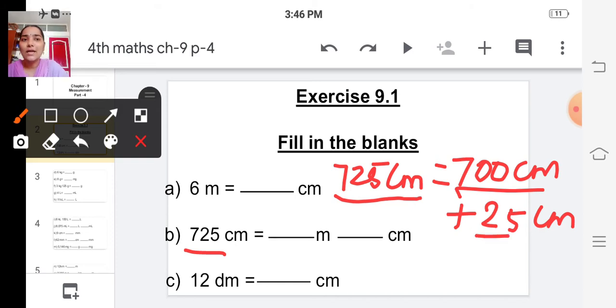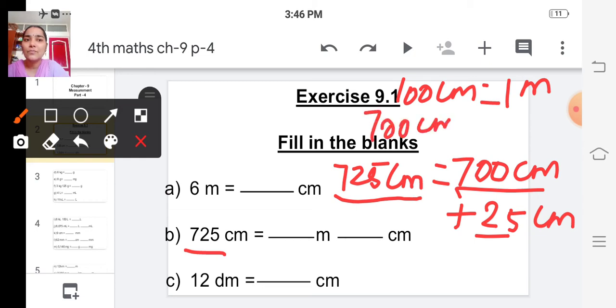And we all know that 100 centimeter is equal to 1 meter. Then 700 centimeter is equal to 7 meter.